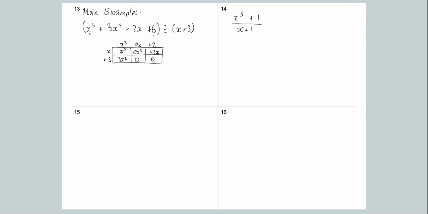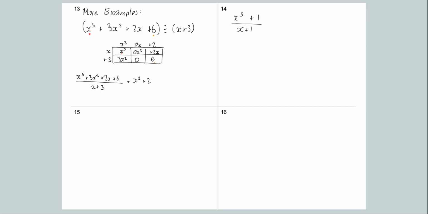So it goes into it evenly, but with this middle term here, which just happens to be nothing, and that's fine, which means that we can say that x cubed plus 3x squared plus 2x plus 6 divided by x plus 3 is exactly equal to x squared plus 0x, not putting it in, plus 2.